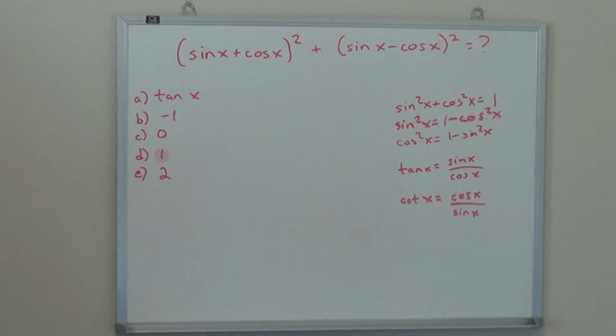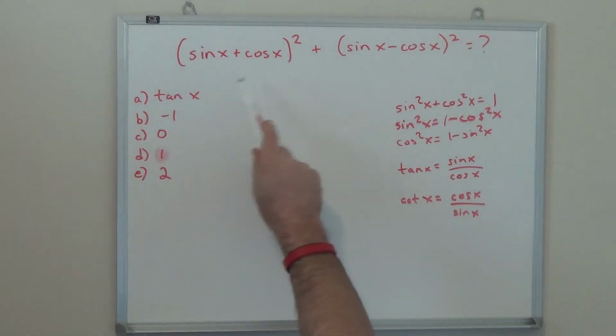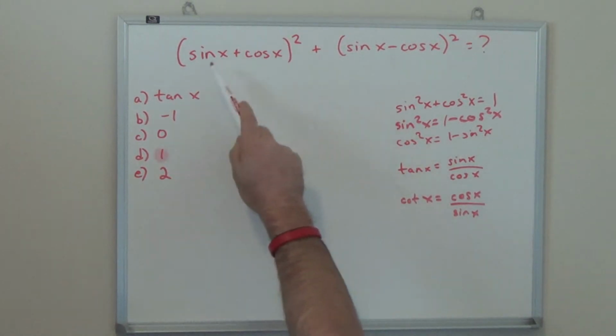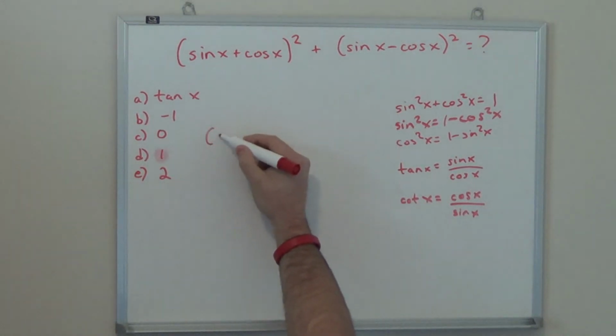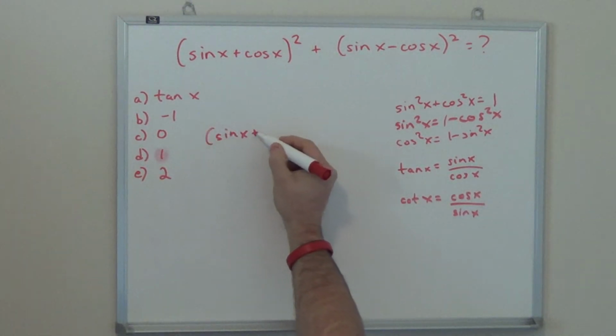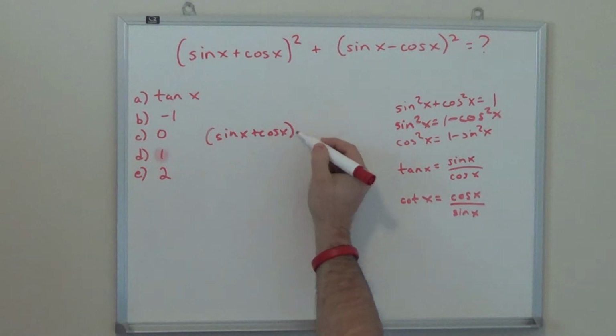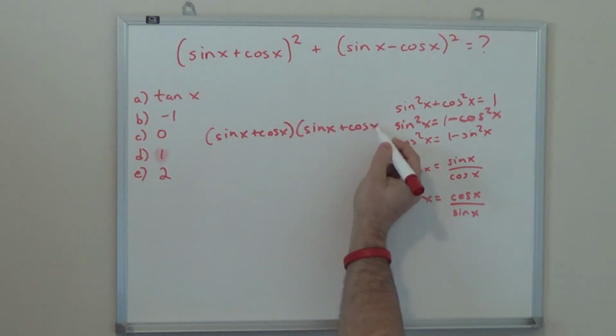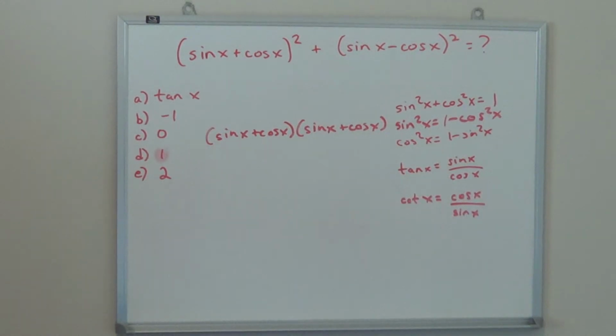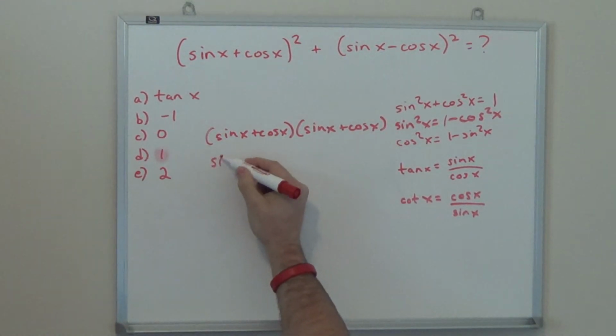And one thing you definitely don't want to do is, if we're adding or subtracting in those parentheses, just distribute the 2. We've got to expand this thing. So this is really (sine x plus cosine x) times (sine x plus cosine x). So we're going to have to FOIL that out. We can do that pretty quickly.